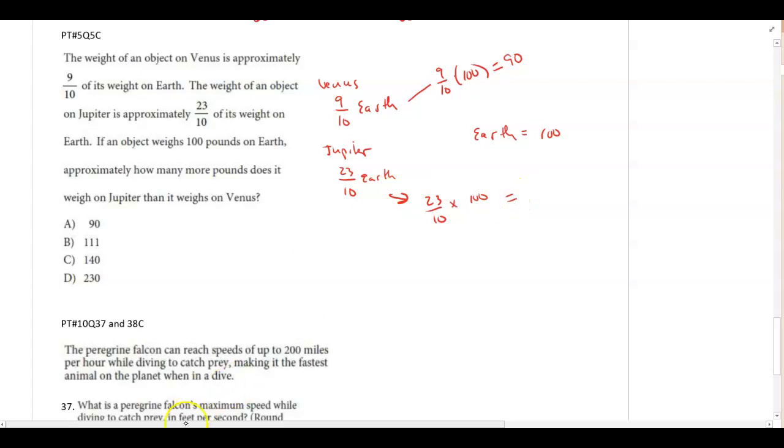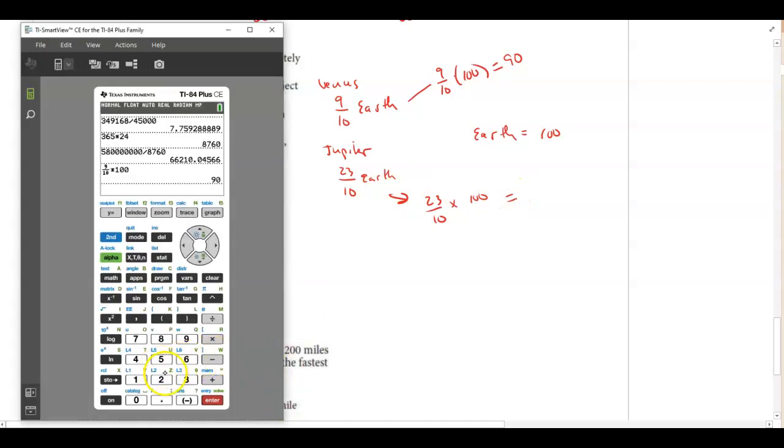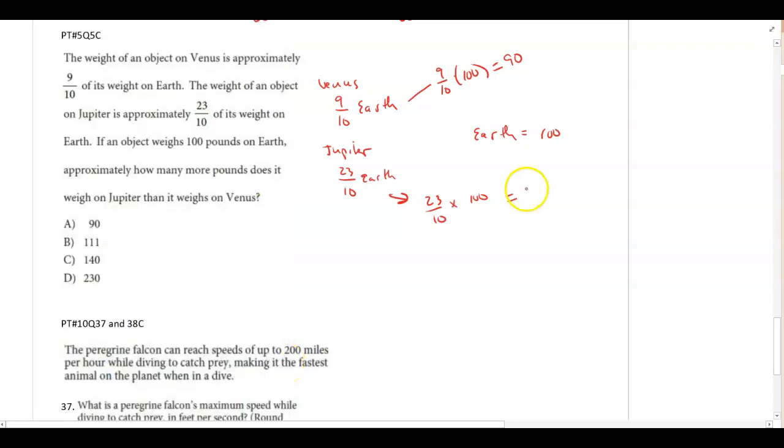Now I could do that in my head real quick, but if you're not good with that, go alpha y equals 23 over 10, and then multiply that by 100, and you get 230. Well, if it's 230 on Jupiter, 90 on Venus, when you subtract them, the difference is 140, letter C.